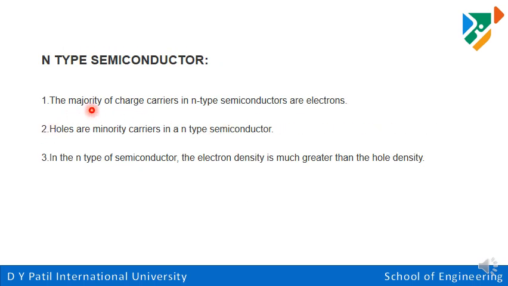The majority of charge carriers in N-type semiconductor are electrons. Holes are minority carriers in N-type semiconductor. And in N-type semiconductor, the electron density is much greater than the hole density.